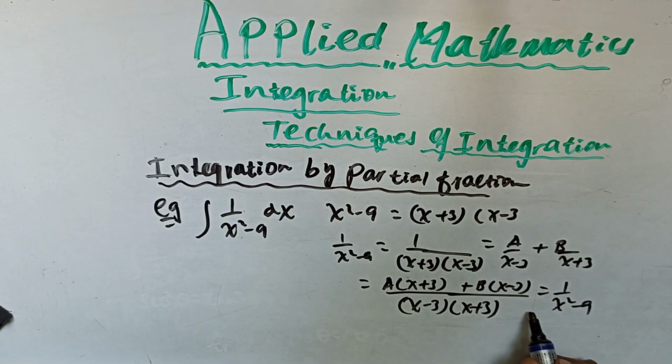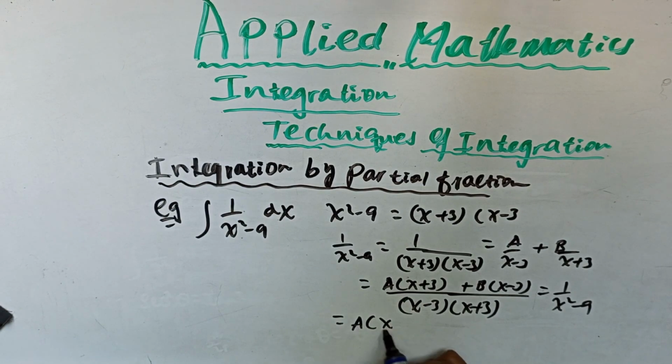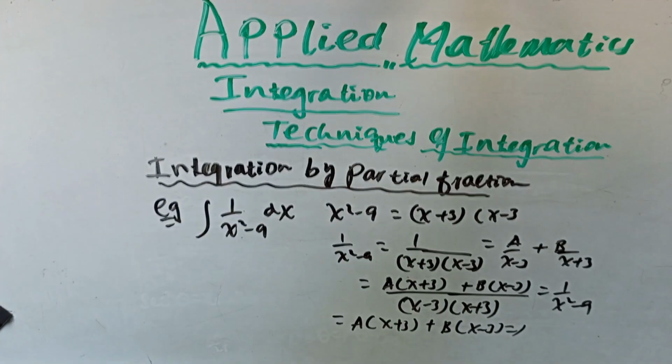The denominators cancel, so what we are left with is A times (x plus 3) plus B times (x minus 3) equals 1. So Ax plus 3A plus Bx minus 3B equals 1.